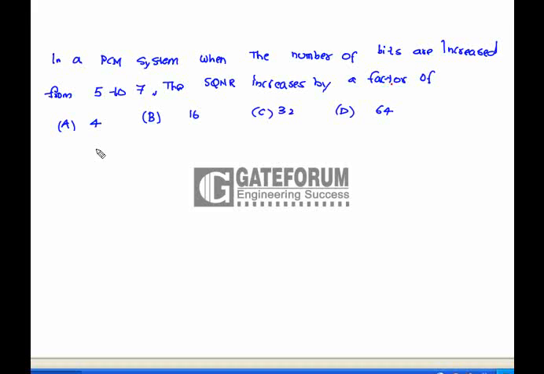In a PCM system, the number of bits is increased from 5 to 7. The SQNR increases by a factor of? When n equals 5 bits, SQNR is 3 by 2 into 2 power 2n, which is 3 by 2 into 2 power 10.